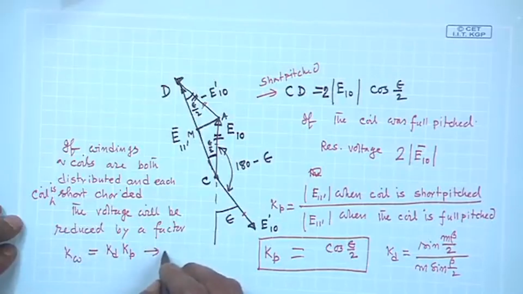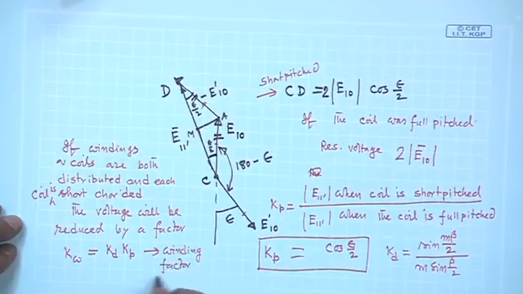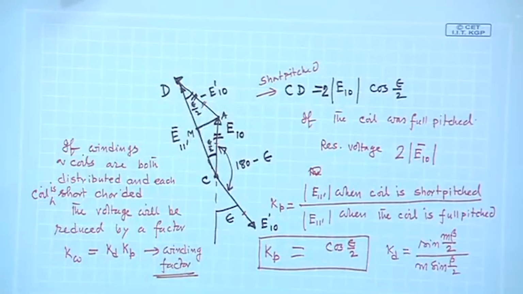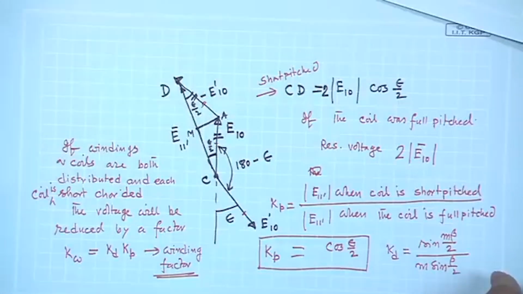The product, Kw, is called the winding factor. Understood? Now I can easily tell you the reason why it may be worthwhile to go for short pitching.